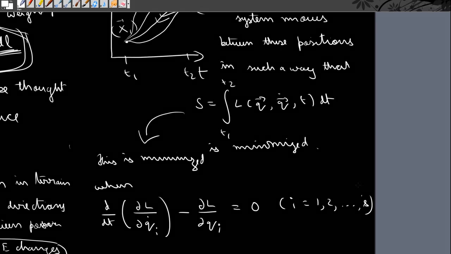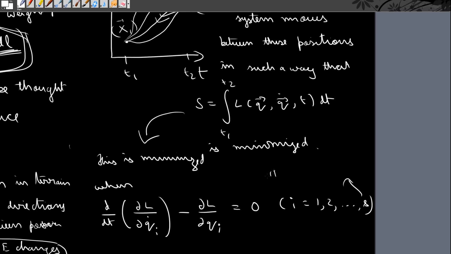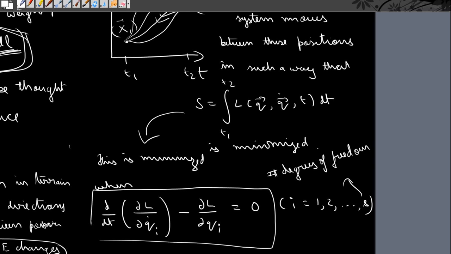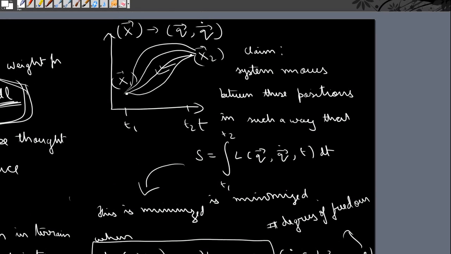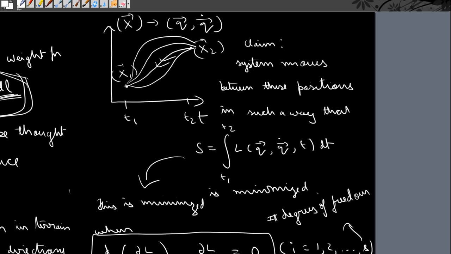So here this S denotes the number of degrees of freedom. Okay. So from the previous video on the Euler-Lagrange equation, this particular integral is minimized when these sets of conditions are satisfied. Okay, so this is the claim.